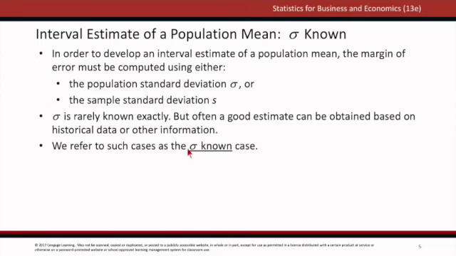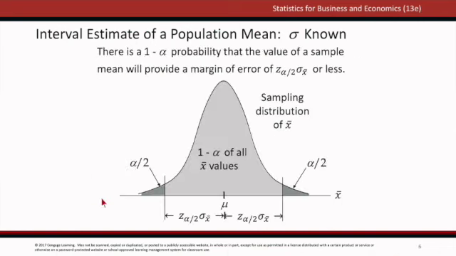The case when we know sigma. And maybe we don't know sigma exactly, but we have a good estimate that can be obtained based on historical data or other information. This figure here is at the heart of the way we're going to build the margin of error. This curve represents the distribution of the sample means.